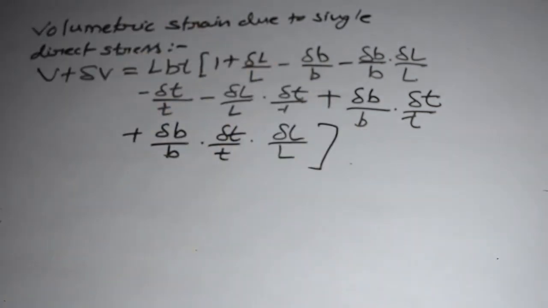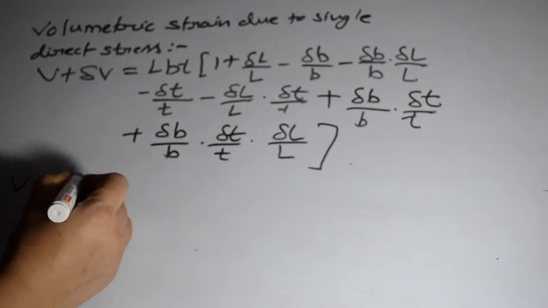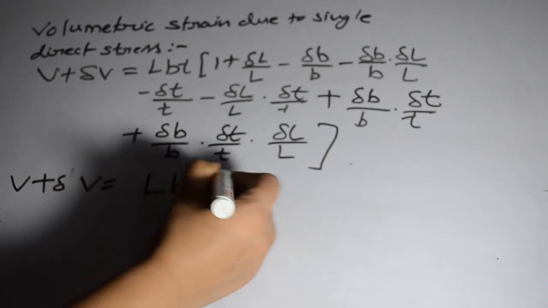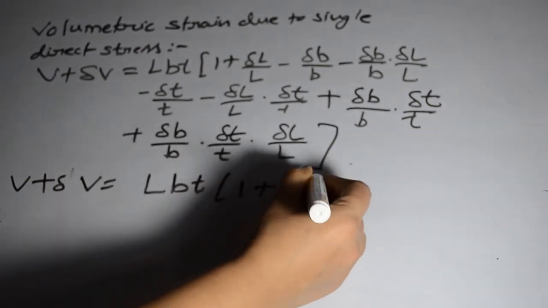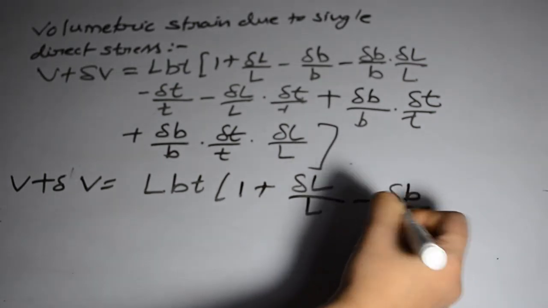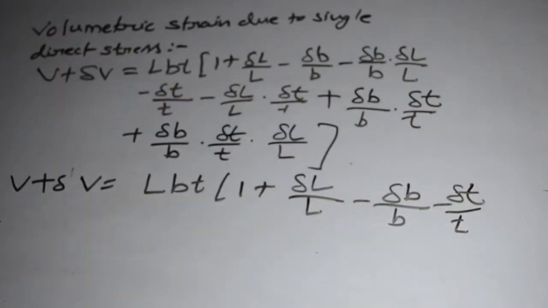So if we ignore all the products of small quantities, we will have the final equation V plus delta V equal to L B T into 1 plus delta L by L minus delta B by B minus delta T by T. This is the equation we will get after eliminating all the small quantities.